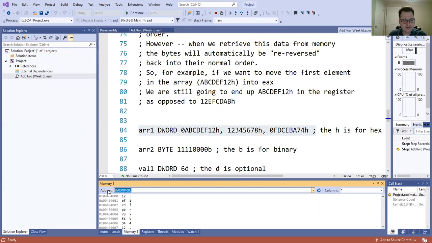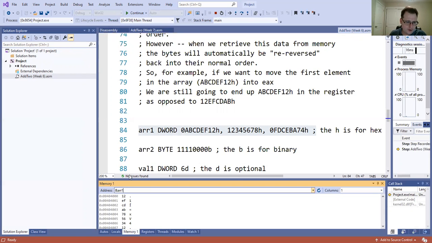If you type in an ampersand and then the name of the variable or identifier that you want to jump to, it's going to take you directly to that location in memory, meaning that the first byte you'll see is where that variable starts, or where its first value is if it's an array. So in this case, we're focused on our DWORD array ARR1, and the syntax there is just an ampersand and then ARR1.